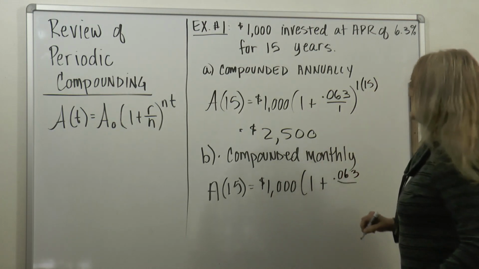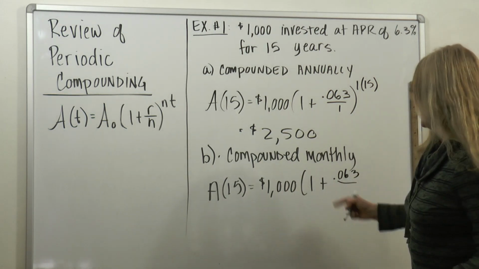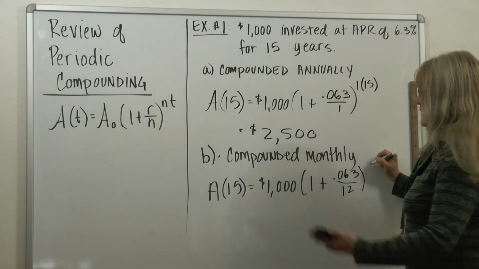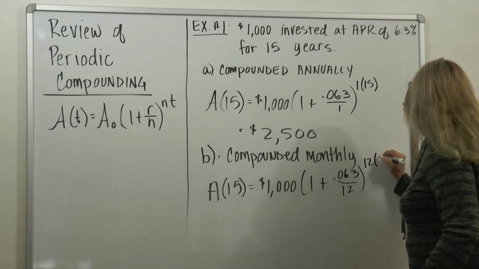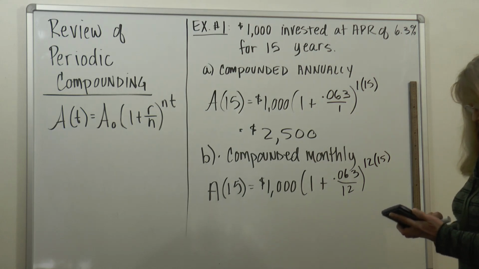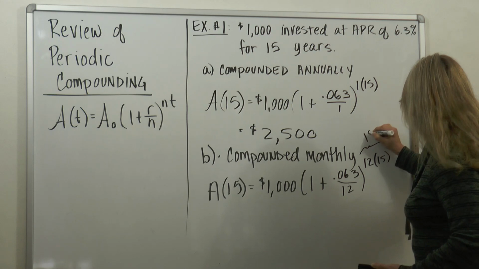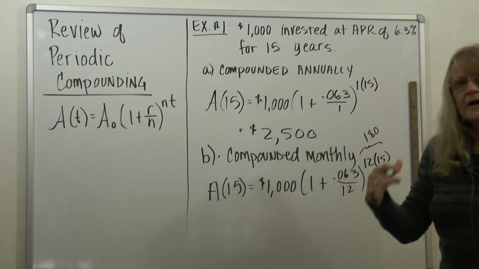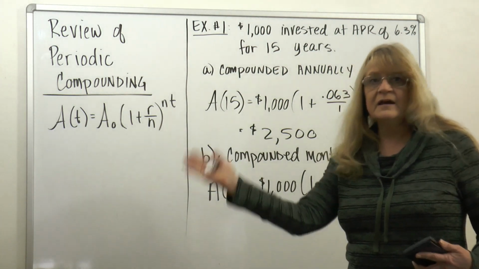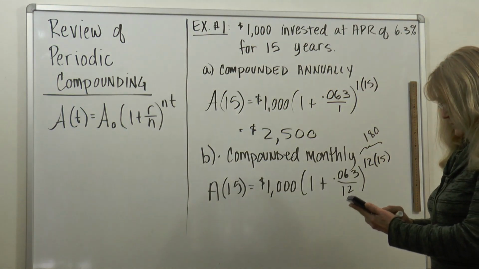The only thing that changes is our n, the number of times it's compounded in 1 year. Monthly is going to be 12, and then I have 12 times 15 years. What I do is multiply those two first. That's 180, which means interest is going to be calculated 180 times over the 15 years and added into the account. I do that first, so I don't have to worry about it.